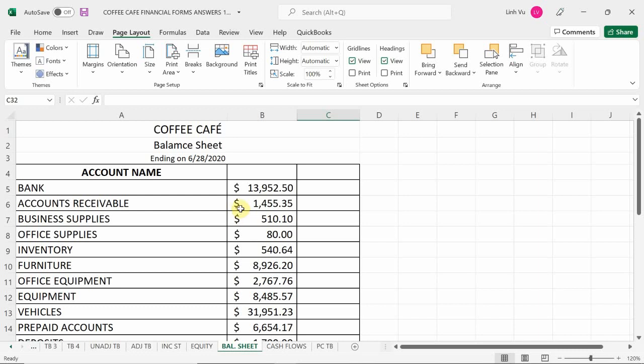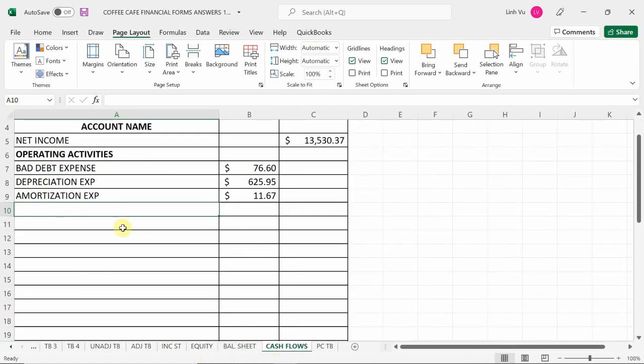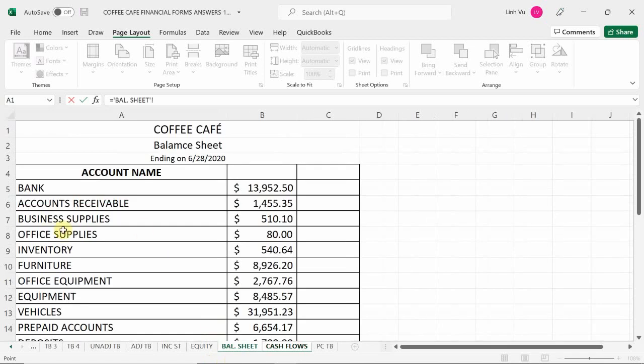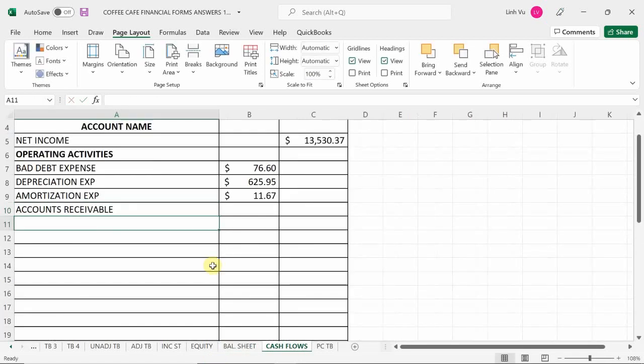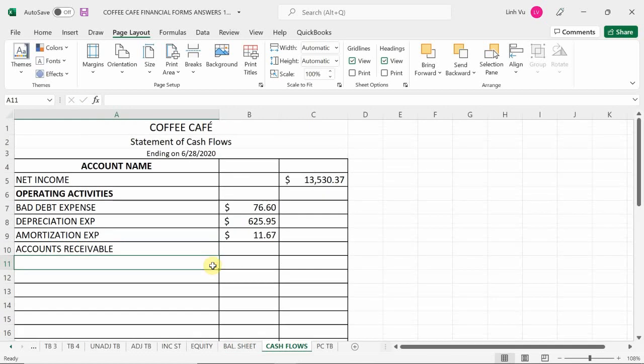So the first account we see here is going to be the accounts receivable, so that's the first thing I'm going to add here. Now, accounts receivable is when customers owe us money. In context, if we're looking at an accrual basis versus a cash basis, let's understand this.